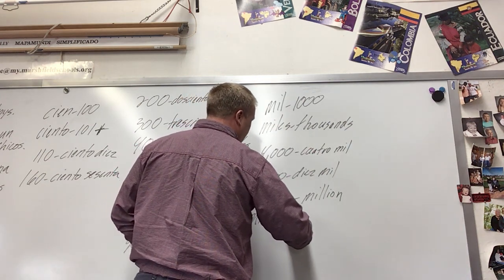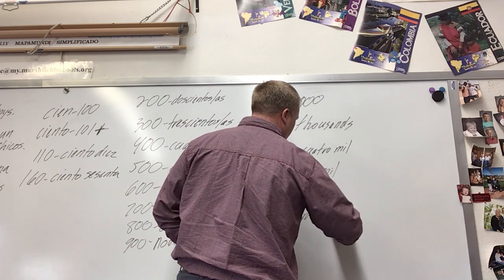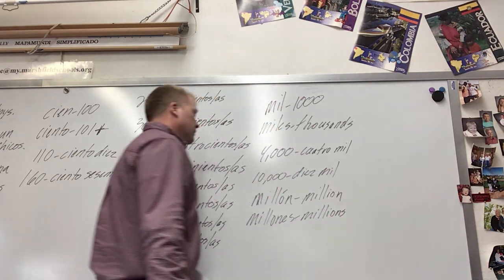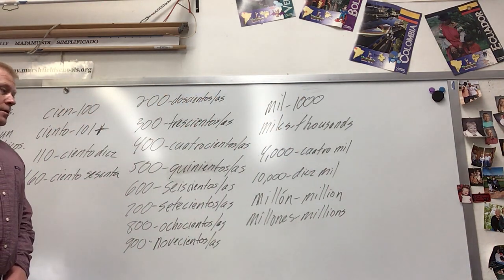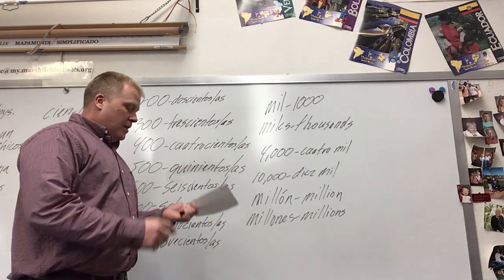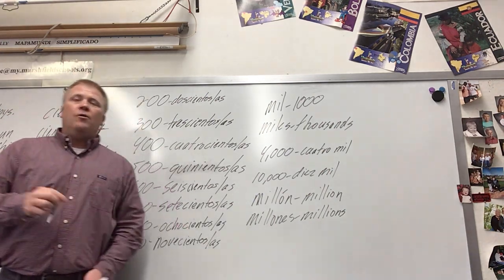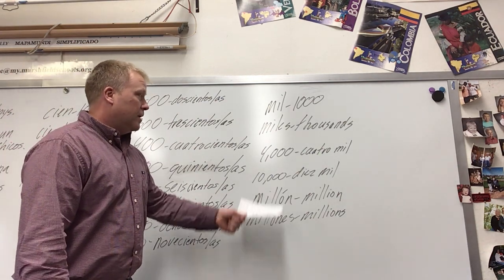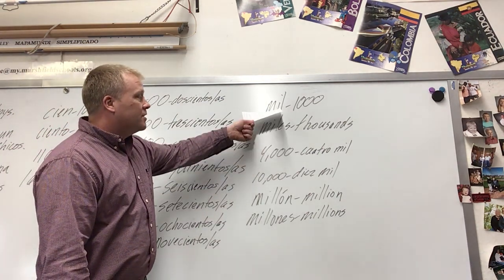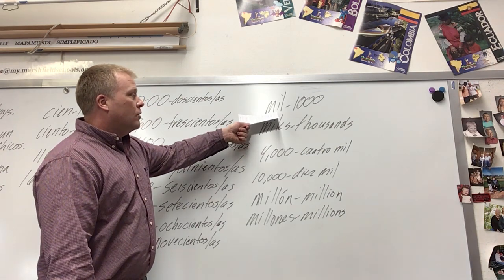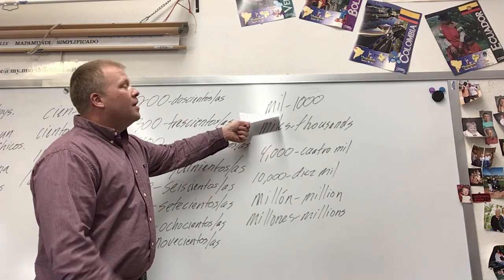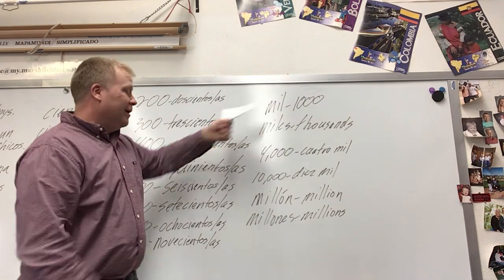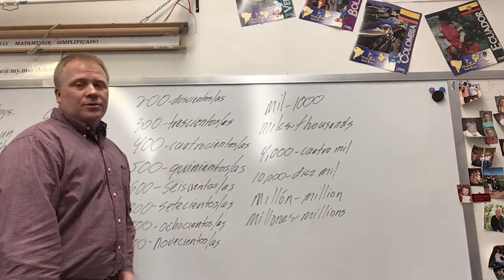Millones, no accent now. Millions. See? Now a little bit different. When you have like 5 million, you'd say cinco millones. Then you make the word plural. Whereas up here, if you had 5,000, you'd say cinco mil. So if you have something plural of thousands, you use the singular word. Plural of millions, then you do use the plural word.